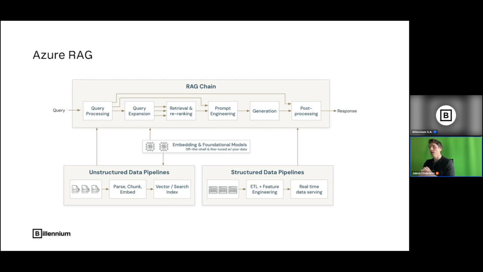Next, going to the topmost part, if the user asks a query, then first of all, we will pre-process the query, okay? So remember, guys, we do not trust the user. Always pre-process your queries.